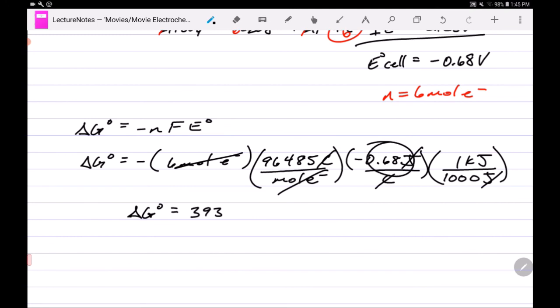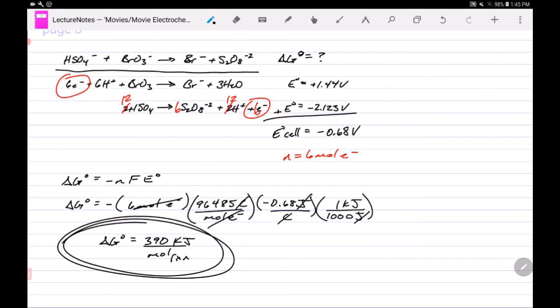With 2 significant figures in my cell potential, I should be keeping 2 significant figures in my delta G naught. So that's how you find delta G naught and K.